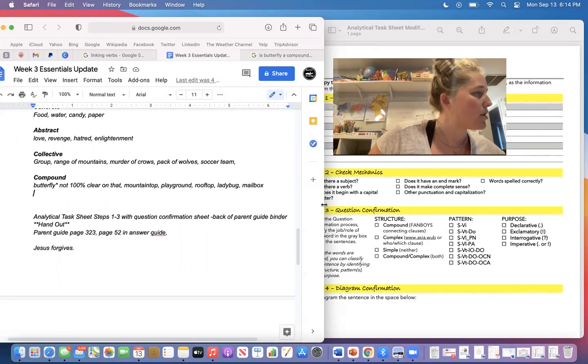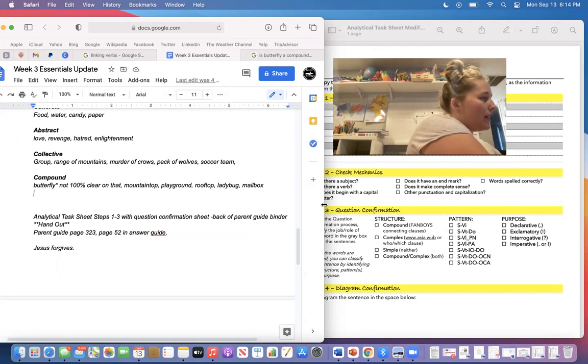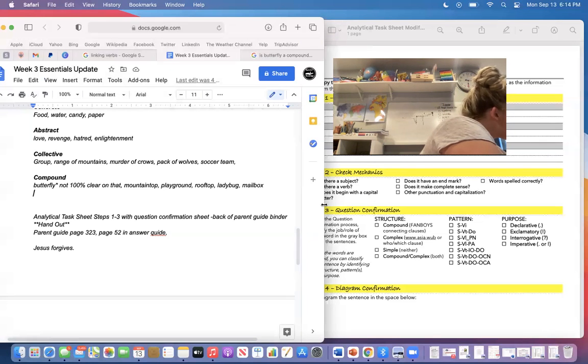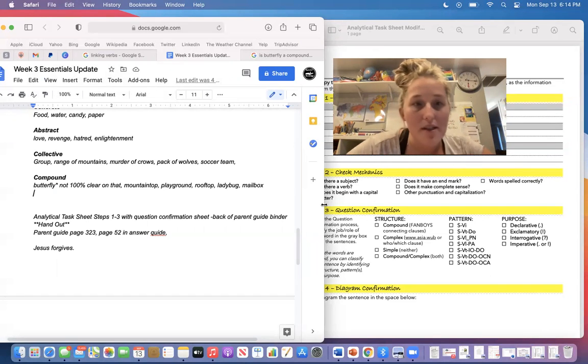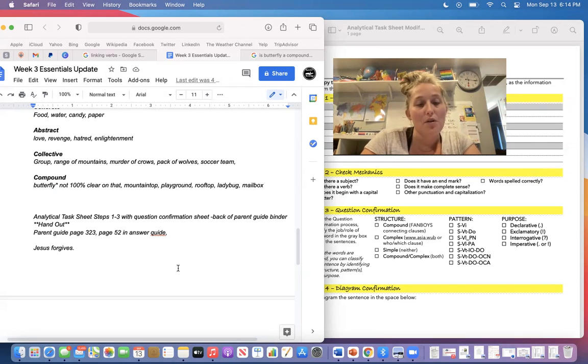I added some extra pages into my book because I want to be sure I did those things with you all in class. Okay. All right. Yep. Analytical task sheet begins on page 62 in the parent guide. And then it's explained further.